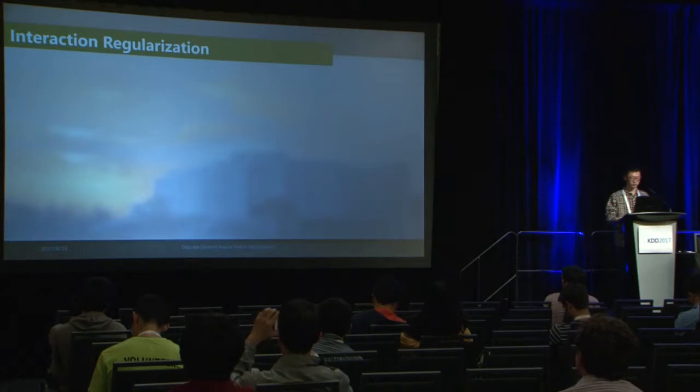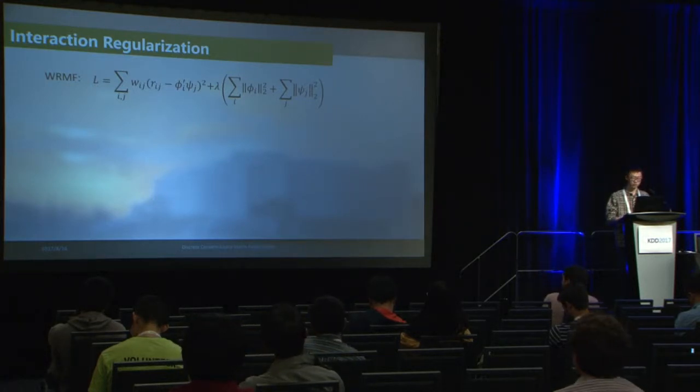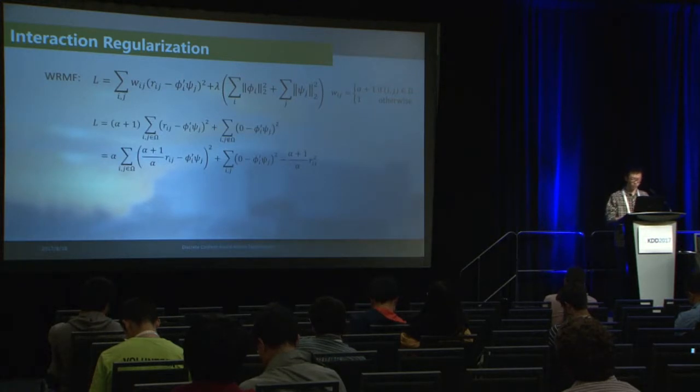Second, I will introduce how to obtain our interaction regularization term. In weighted regularized matrix factorization, the loss function is like this, where W subscript ij equals alpha plus 1 if user i has rated item j and equals 1 otherwise. The loss function can be written in this form under our condition.